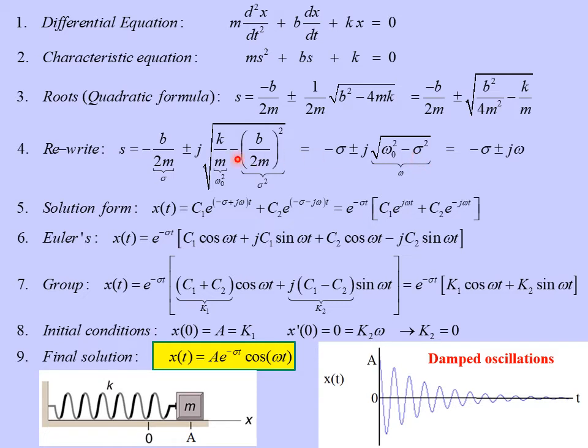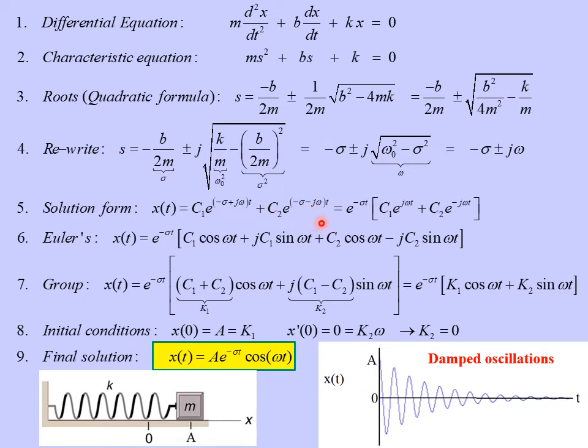So anyway, the roots of our characteristic equation can now be written very simply and compactly as negative sigma plus or minus j omega. The next thing is to take these values, negative sigma plus j omega and negative sigma minus j omega, and plug them into our solution form here. And that's done here.